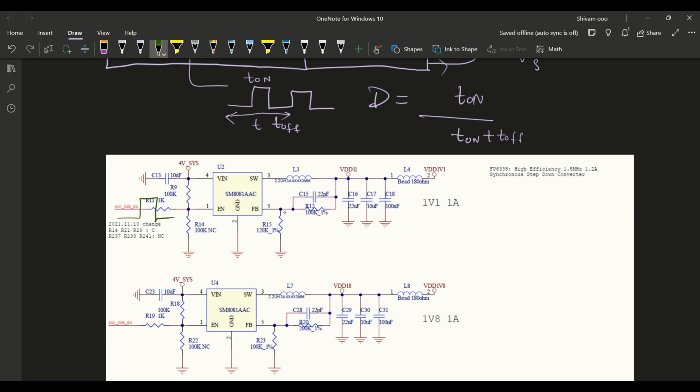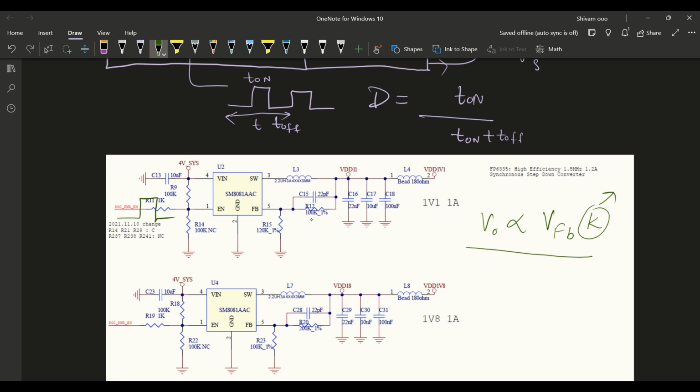I have set. This feedback decides what my output voltage will be. So my output voltage is proportional to the feedback voltage, basically VFP and some K. That K is decided by the value of this resistor divider, you can see here.